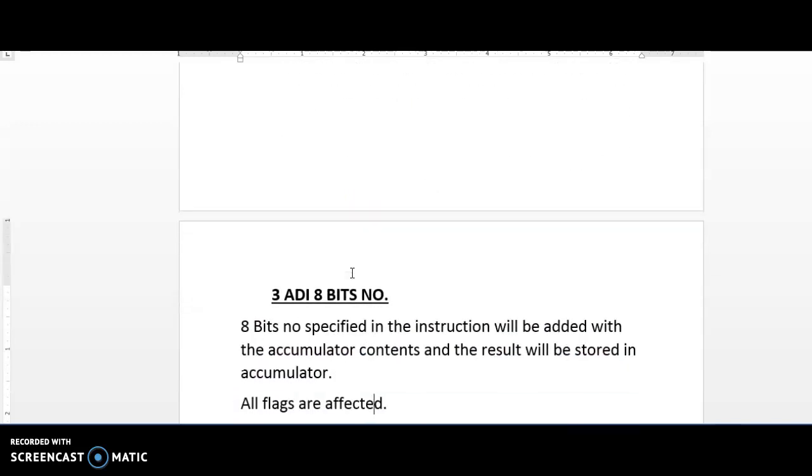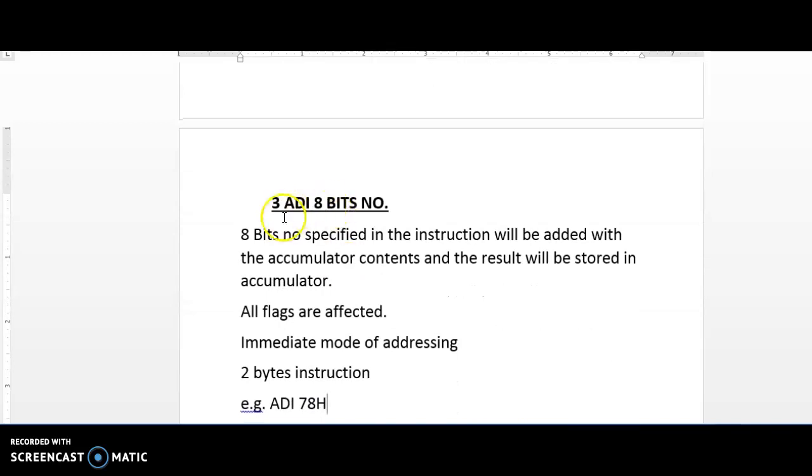Now similar to ADD, we have the ADI instruction. See, MOV and MVI. Similarly, ADD and ADI. So when the exact number which is to be added is known, then we use the ADI instruction. So ADI, and then you have to mention the 8-bit number.